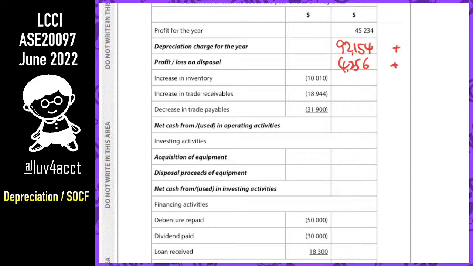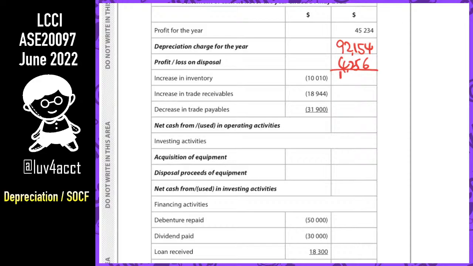Next item, you have to calculate the net cash from or used in operating activities. You may also put these two items here, but I don't prefer that, because usually I like to have a subtotal here, but you are not given any space.